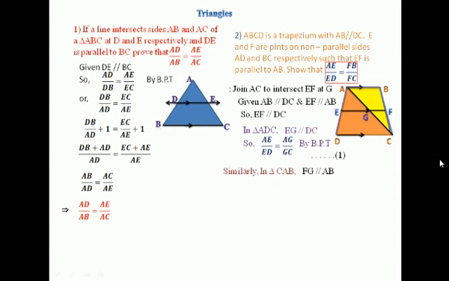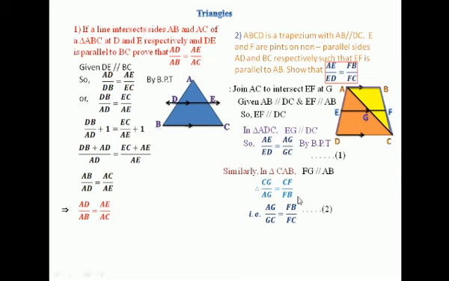Therefore, again by applying BPT for this triangle, CG by AG is equal to CF by FB. So observe here, again take the reciprocal of that ratio, we get AG by GC is equal to FB by FC. Let us call this ratio number 2.